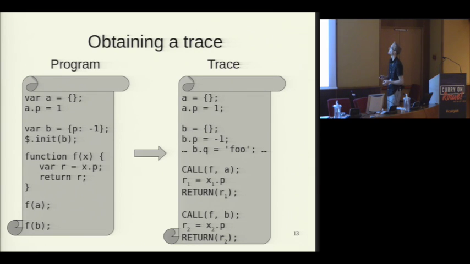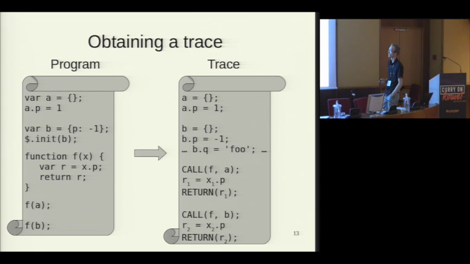So the first phase is obtaining the trace. To the left we have a program that can be run, possibly through a unit test suite. You can see that we have an object A that's being allocated. In the trace, that will also be represented as some object being allocated and getting a property assignment.